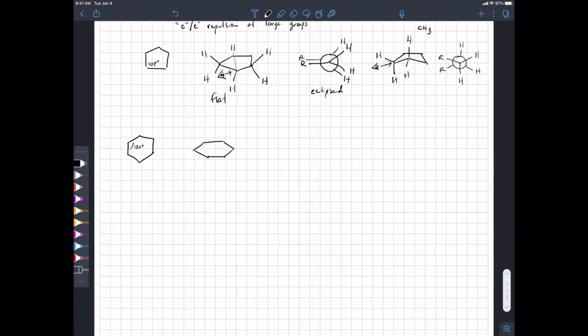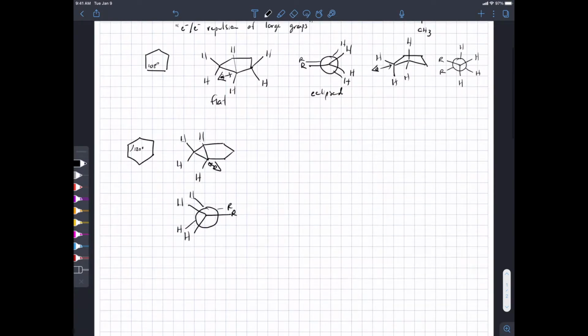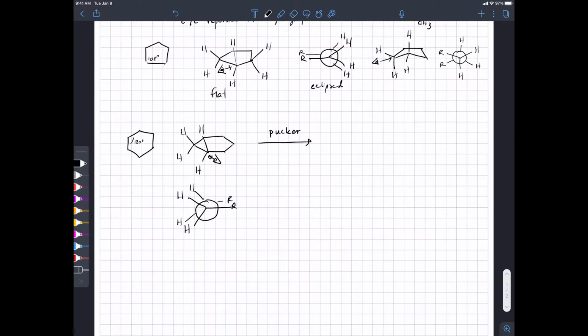Again, if we drew the ring flat and sort of looked down a carbon-carbon bond, we would have the same problem that we listed above for the 5-membered ring if it were flat. We would have CH bonds on a carbon in the front eclipsed with CH bonds on a carbon in the back. So instead, that flat ring is going to pucker, but it's going to do so in an interesting way.